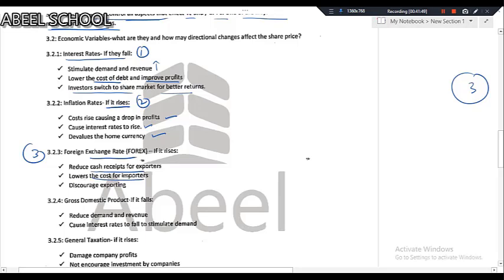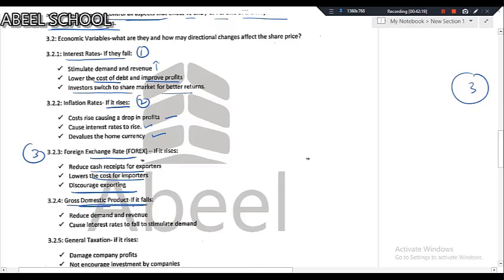There will be only one benefit: you will bear lower cost for importers, discouraging exporting. Yes, if your local currency is becoming stronger day by day, it discourages export, because when you convert dollars into your currency, you will have very little of your own currency if your currency is becoming strong.